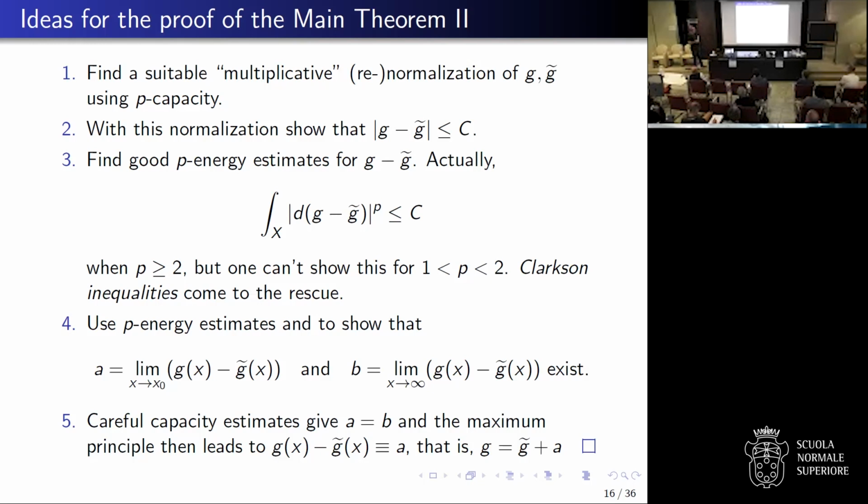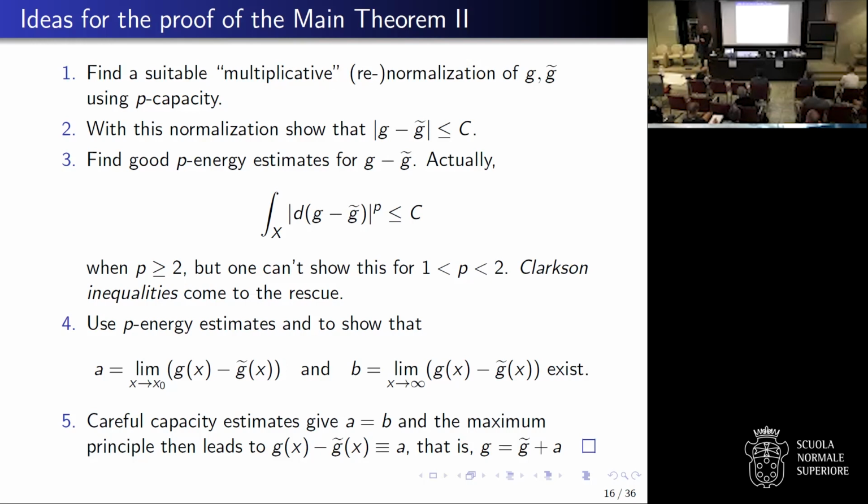In the case P greater or equal to 2, one can show that this P energy of the difference is uniformly bounded from above, right? And this then allows you to complete these steps 4 and 5 that I will talk about in a moment. But somehow this approach did not work in the range between 1 and 2.